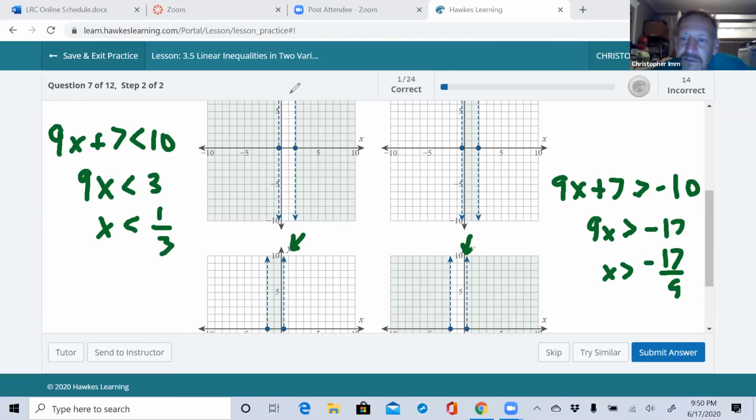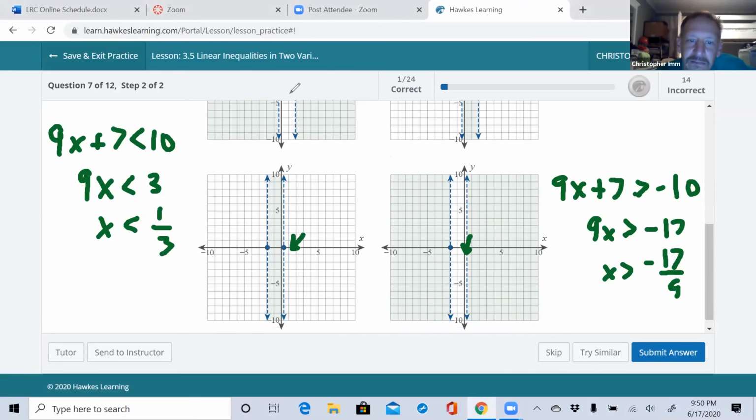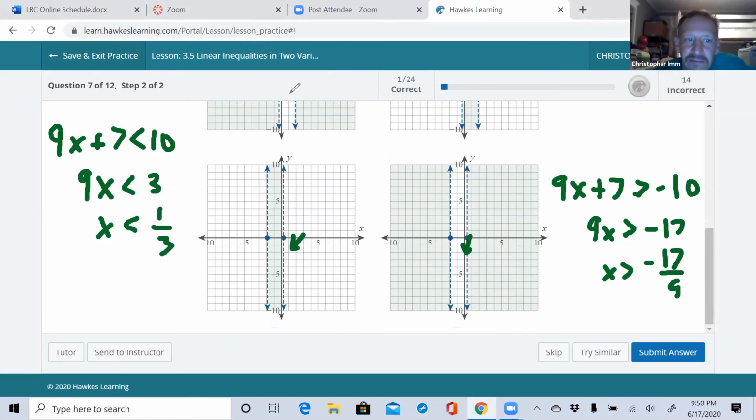Maybe I'm going to move this screen up a little bit since I've narrowed it down to these two, because these are x is less than 1/3. Now I have x is greater than something negative, -17/9, that's almost -2. So actually these are both at that point. Notice that since these don't have equals, these lines are both dashed, so we don't include those points.